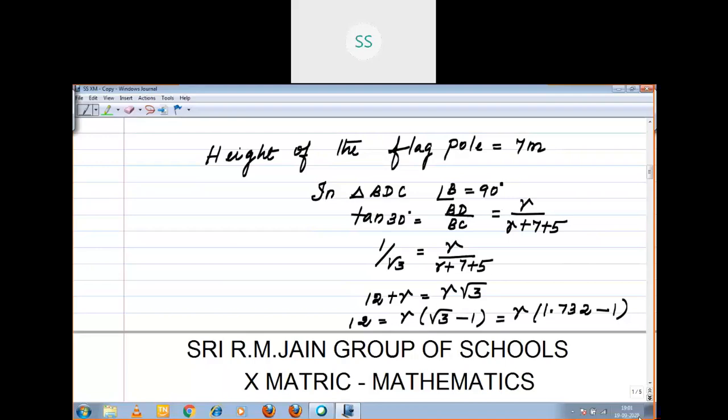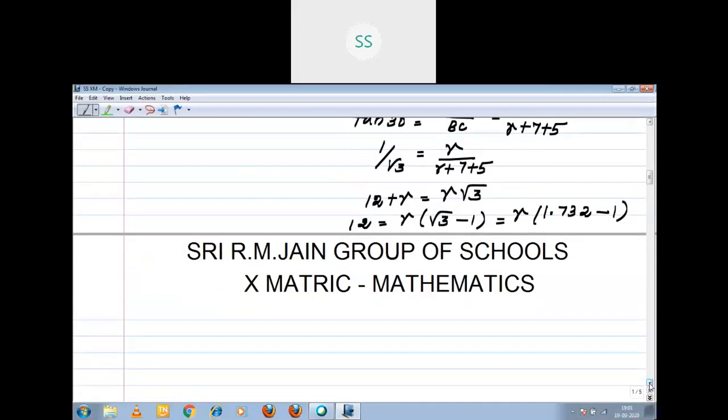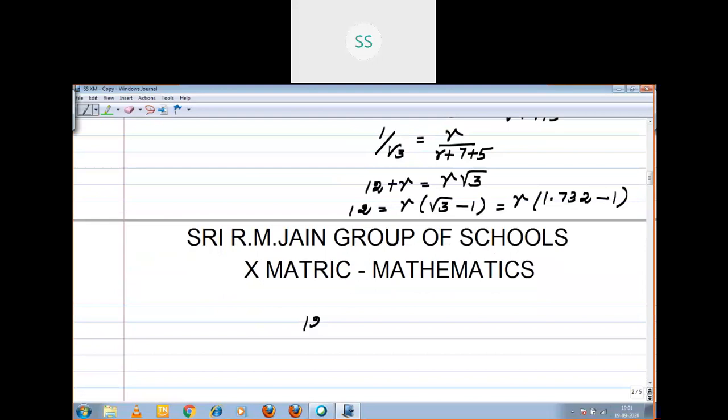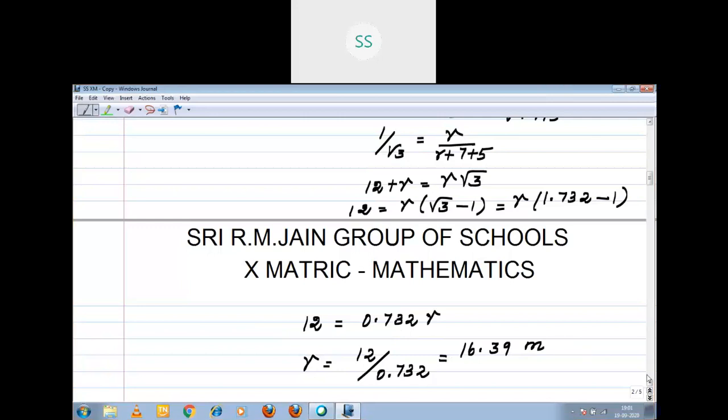Then what is your R now? 12 equals 0.732 R. R equals 12 divided by 0.732, which is equal to 16.39 meter.